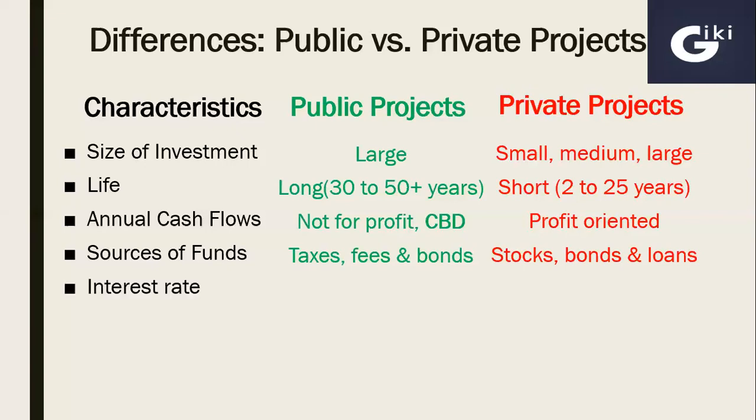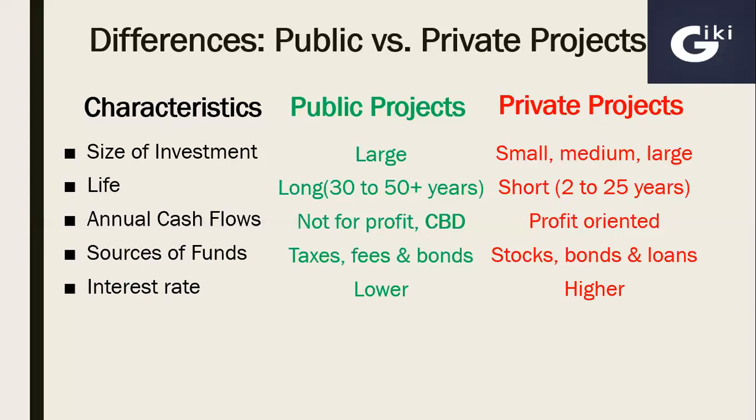Then interest rate. There is a significant difference between interest rate for public sector project and private sector projects. So normally public sector projects may get loan at a lower rate of interest as compared to the private sector projects, because the purpose of public sector projects is not to earn profit, just to facilitate the public.